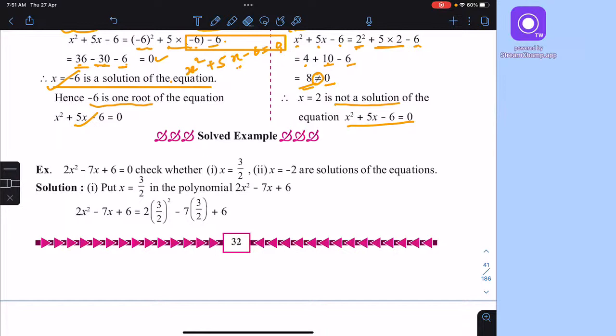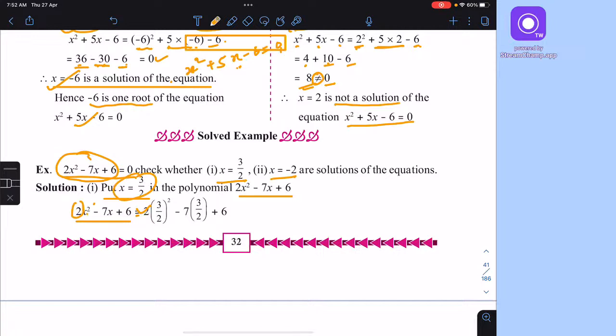Here let us see some more examples. You are given the quadratic equation 2x square minus 7x plus 6 equal to 0, and you are asked to check whether x equal to 3 by 2 and x equal to minus 2 are solutions of the equation. So what you have to do is put x equal to 3 by 2 in the left hand side, in the polynomial 2x square minus 7x plus 6. So 2 is the coefficient that is written here, and x is replaced as 3 upon 2.